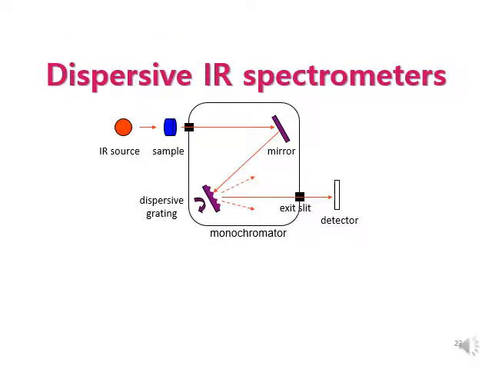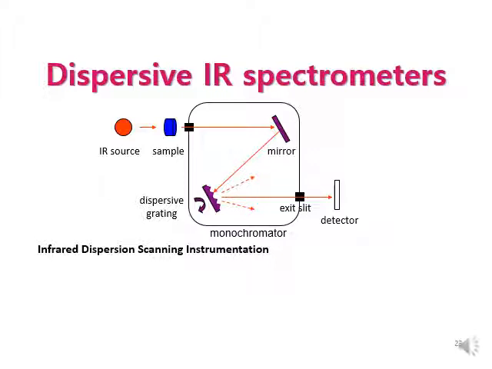So in the dispersive IR spectrometers, we have this kind of IR source, and then it will pass through your sample, and then it will go into this slit, and then go to the mirror, and then go to the dispersive grating.